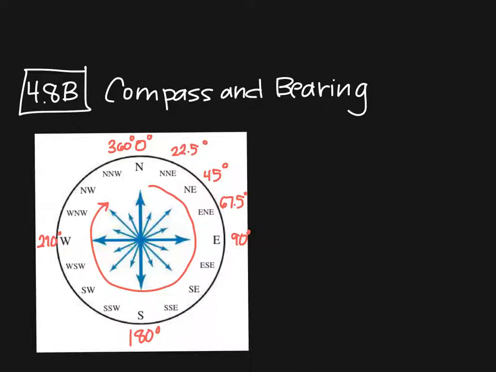So I guess what I'm wondering from you is, what would south-southeast be in terms of its degree measurement? South-southeast. Anybody want to try that? You can, for sure, use a calculator. I don't care. What do you think? Double check.